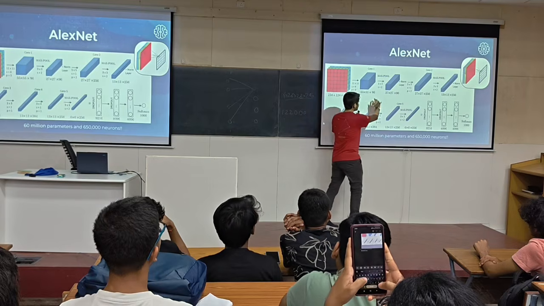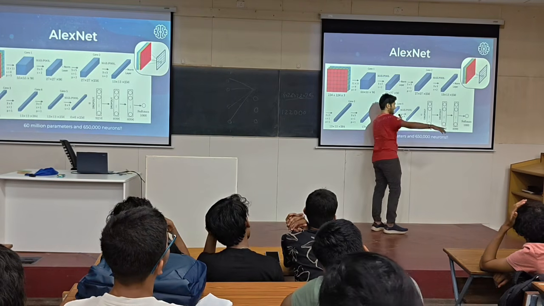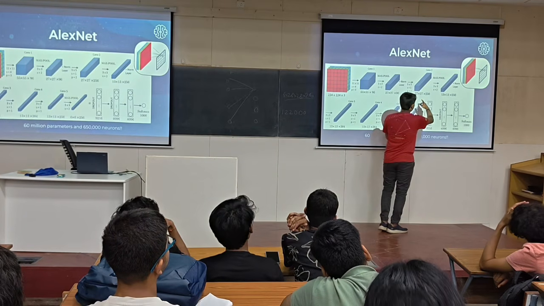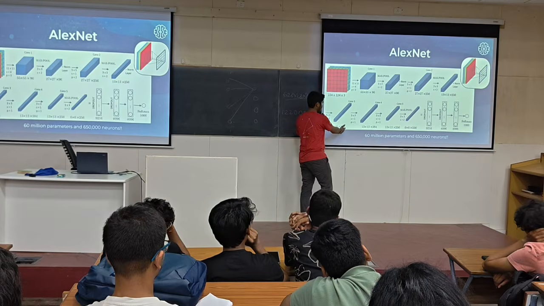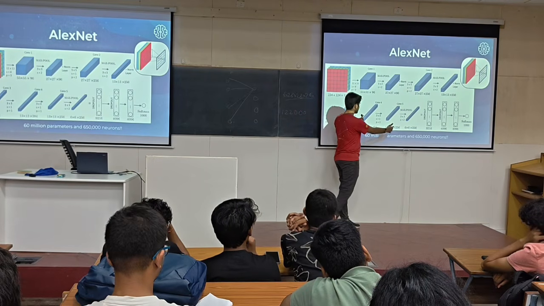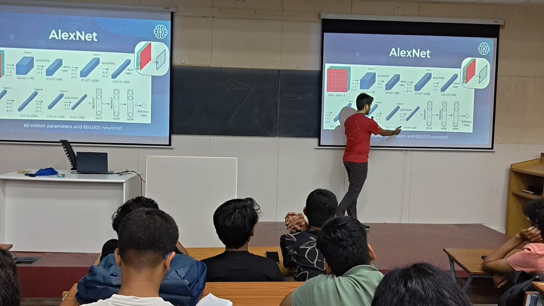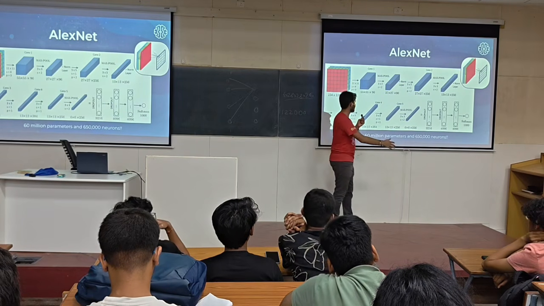After that, they max pool it. And again another layer of convolution. Now they have 256 convolutional kernels. Then again max pooling. Then they again have 384 kernels, again max pooling. Again another 384 kernels, and then 256 kernels. So you can see they just scaled up everything.